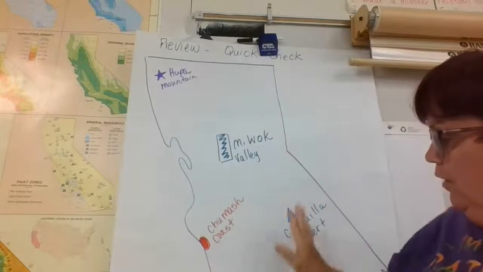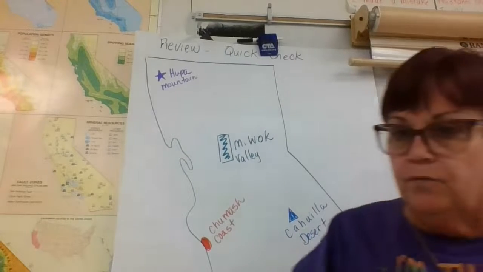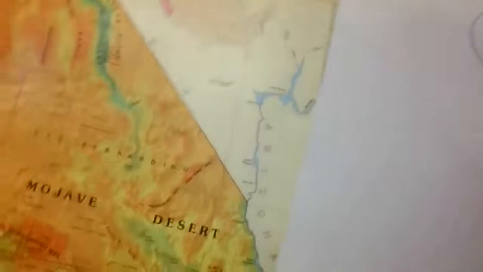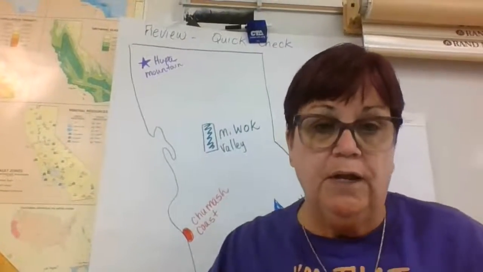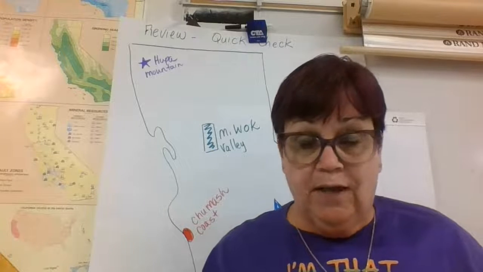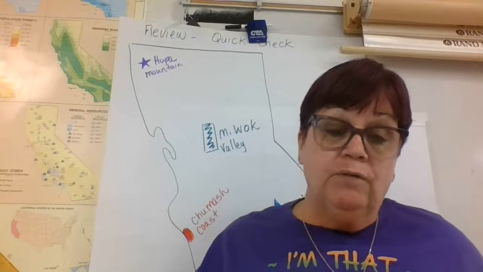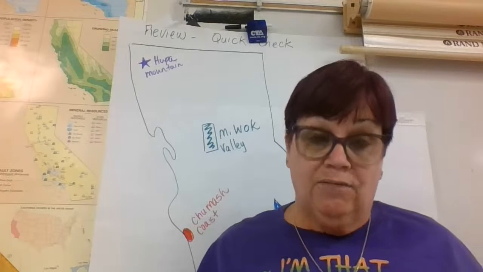You have no water. In the desert region of California, over here on our big map, I will show you. Okay, the Mojave Desert. The Mojave Desert goes not only in California, but it also goes into Nevada and part of Arizona. So it is gigantic. One of the most unique characteristics of the Mojave Desert is Death Valley.